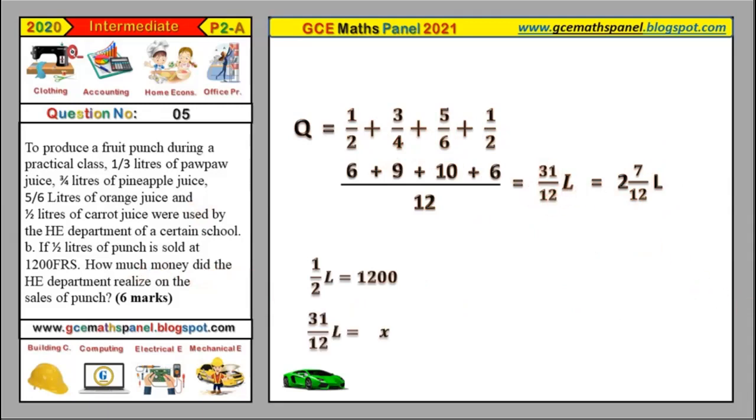Let us call it x. From here, you can cross multiply: 31 on 12 liters times 1,200 divided by the half liter. When you simplify, you have 6,200 francs. So that's the amount that the home economics department realized.